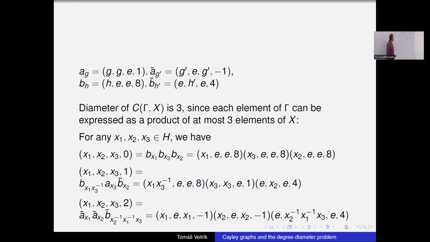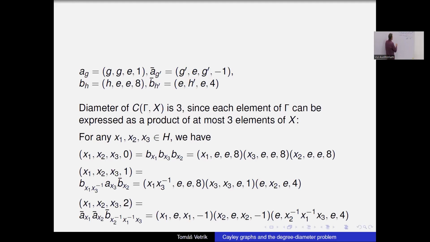Is there any other vertex which is of distance 3 from this vertex? No, everything is 1 or 2, right? There are 3 vertices of distance 1, then there are a few of distance 2, and 1 of distance 3. Now, how would we show it similarly using groups?